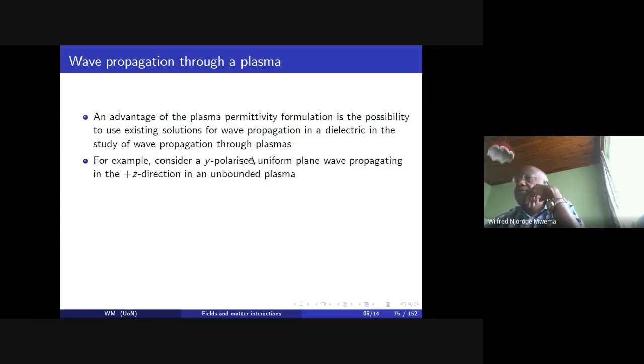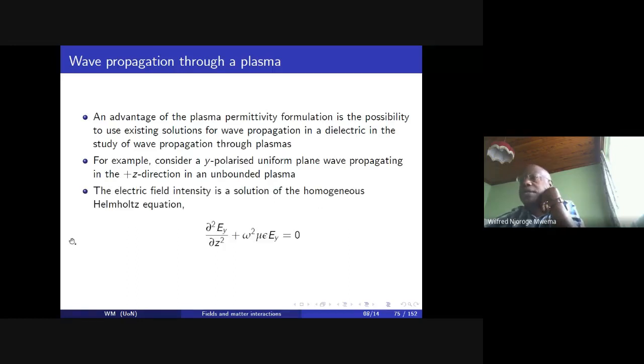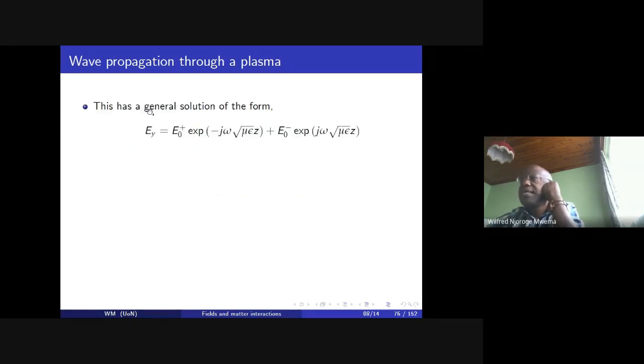For example, if we consider a y-polarized uniform plane wave that is propagating in the positive z direction in an unbounded plasma, then the electric field intensity will be a solution of the homogeneous Helmholtz equation, d2 Ey over dz squared plus omega squared mu epsilon Ey equal to 0. This has a general solution that we have already found: a wave component propagating in the positive z direction and a component propagating in the minus z direction.